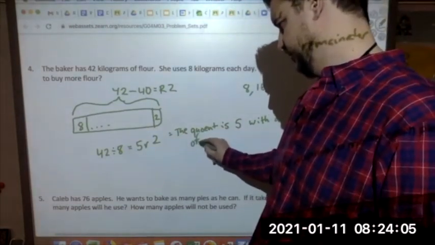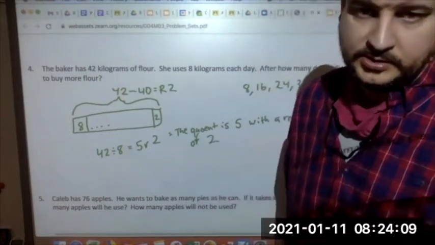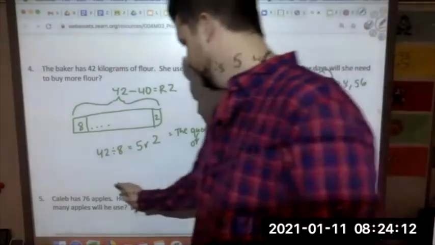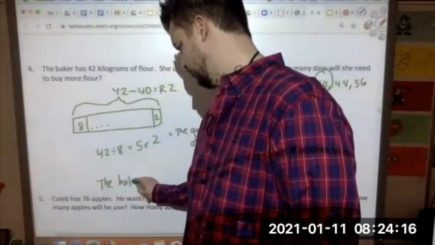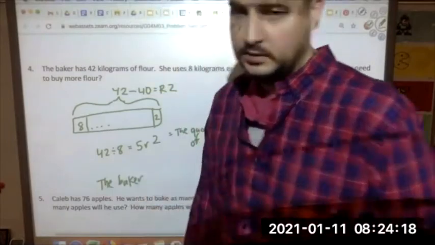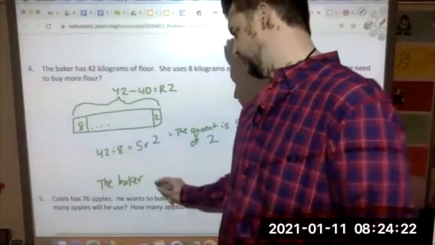I am really struggling this morning to write. So now I got to put it in regards to the problem. The baker will need to buy flour after 5 days.